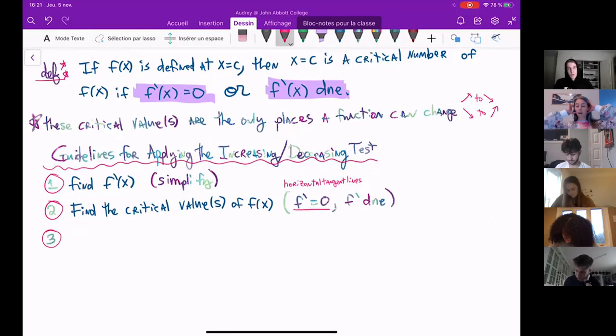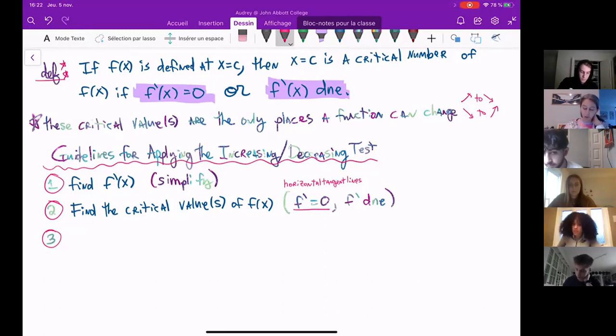So then my next step is I'm going to create what's called a variation table or a table of values by first making intervals using the critical values.